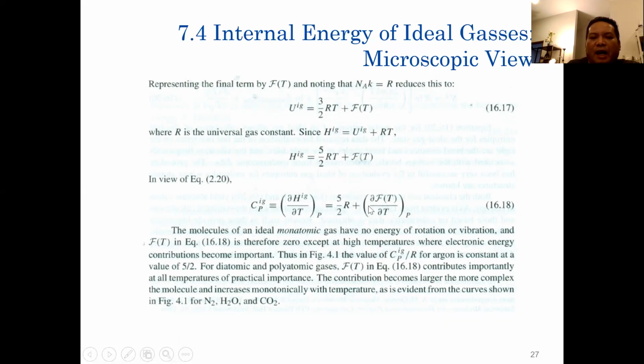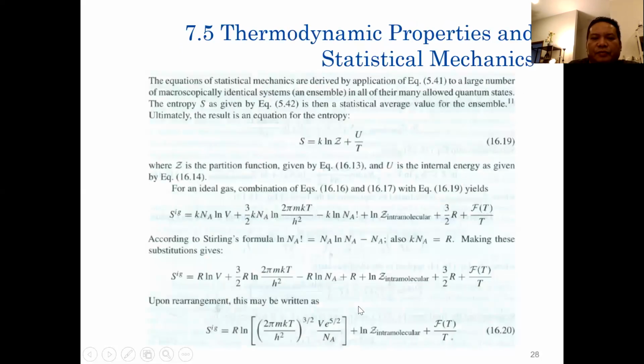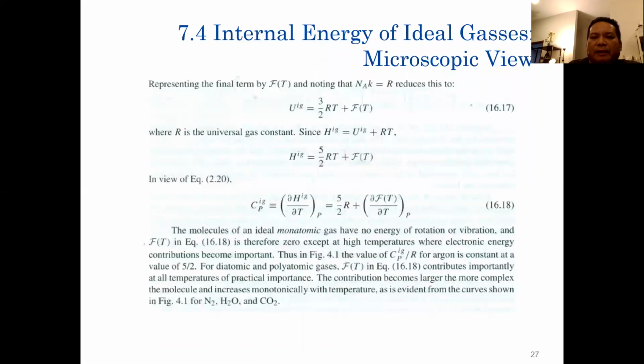For molecules of an ideal monatomic gas, which have no energy of rotation or vibration, F(T) becomes 0. So for example, for argon, Cp^IG over R is 5/2.